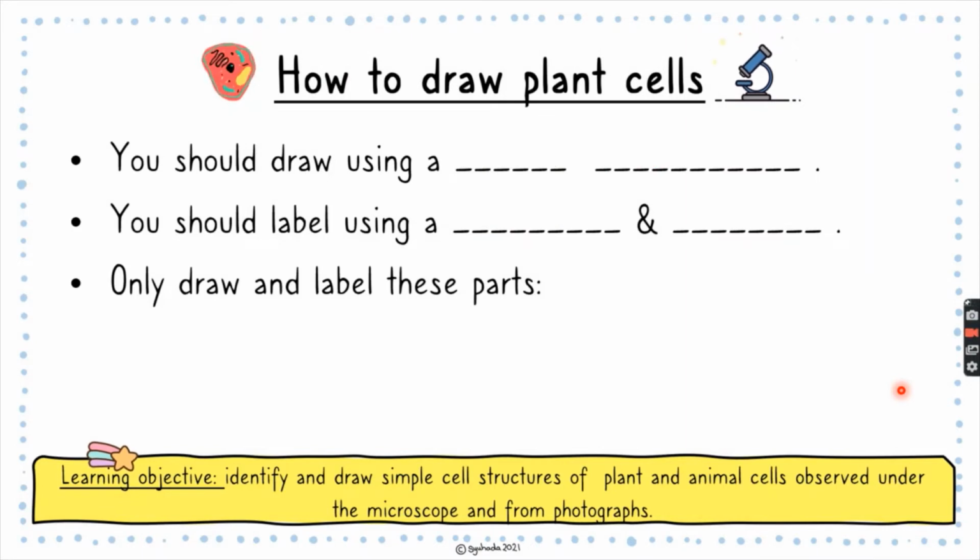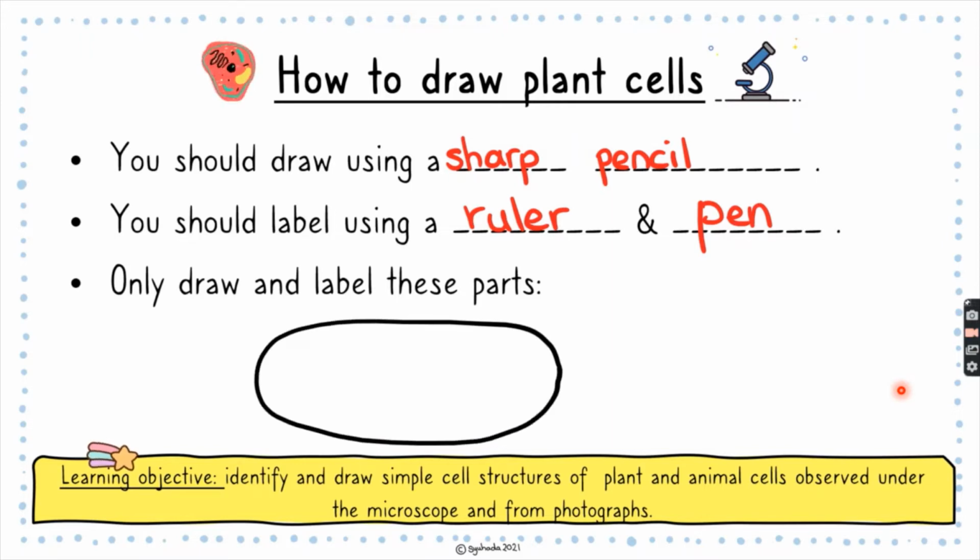Now let's look at plant cells. Again, when you are practicing drawing a plant cell, you should use a sharp pencil. And when you label it, you should use a ruler as well as a pen. So you only draw these label parts.